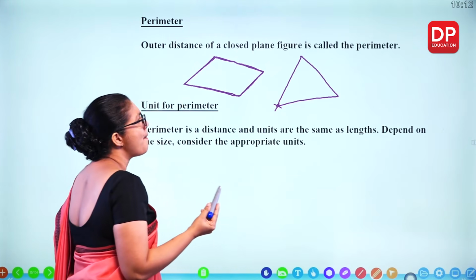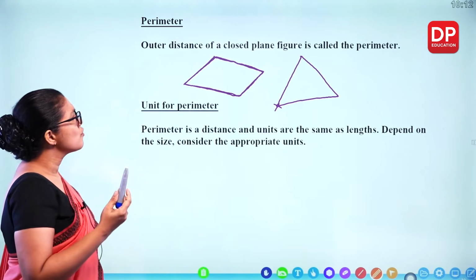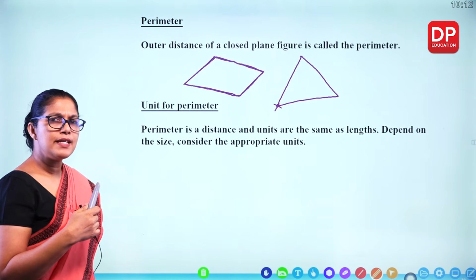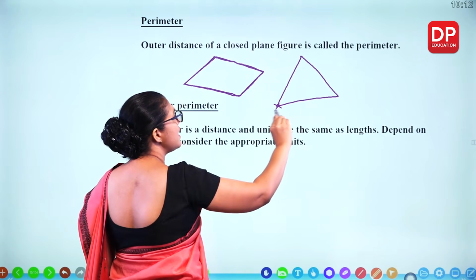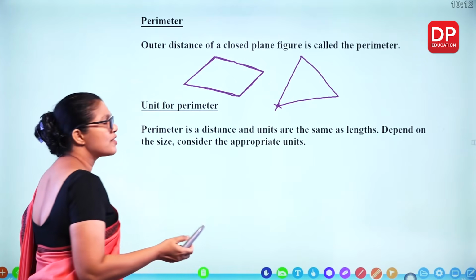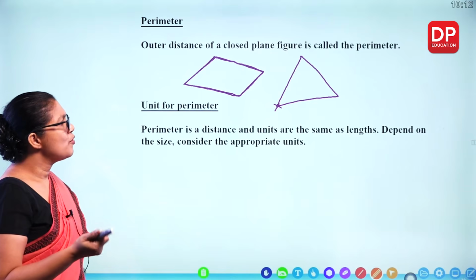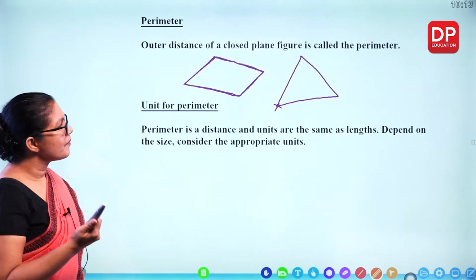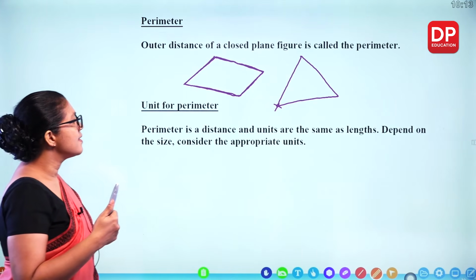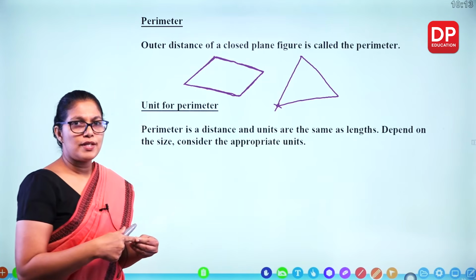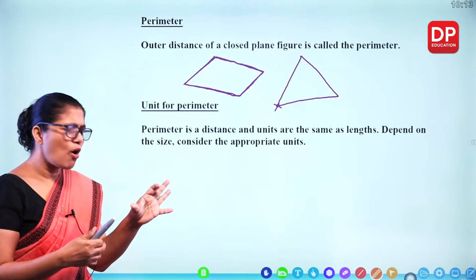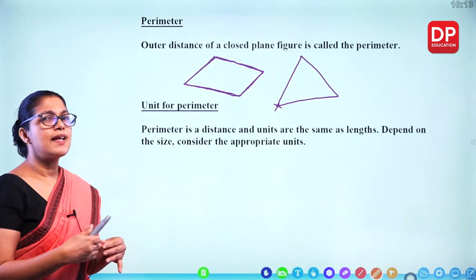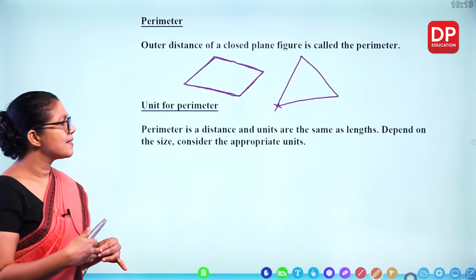That's called the perimeter. So what's the unit of perimeter? This is about a distance. You are measuring the length, so you are using the same units as lengths. Depending on the size, consider the appropriate units. If it's a big one, you can take meters or kilometers. If it's a small distance, you can take centimeters or millimeters.